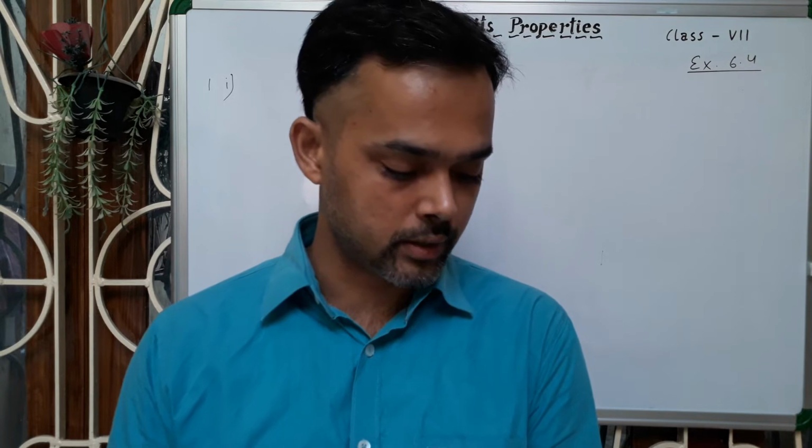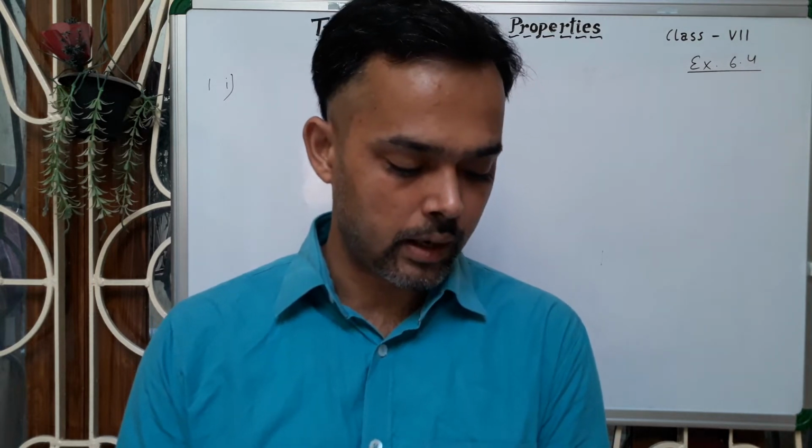If you see question number 1, it is mentioned: is it possible to have a triangle with the following sides? The three sides are given, and I have already explained this property in my first video of this chapter.